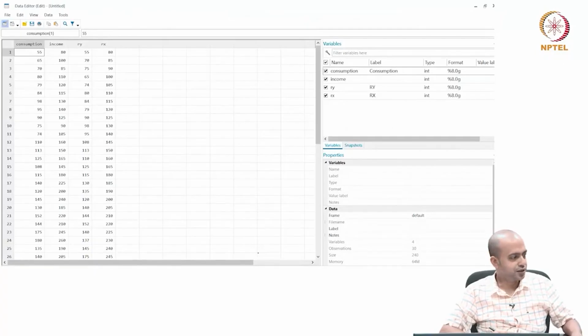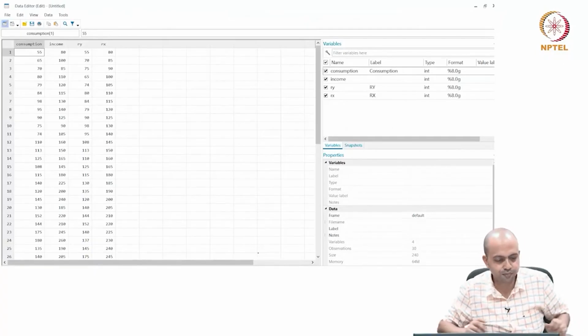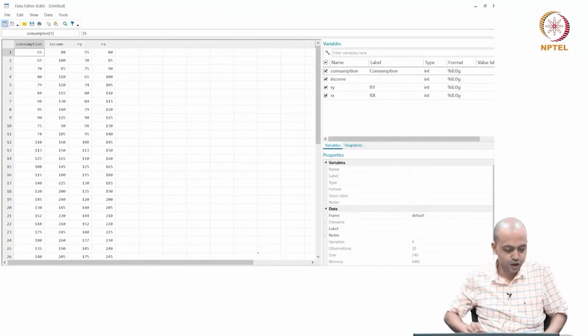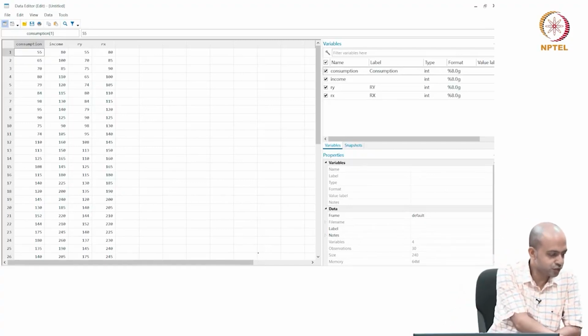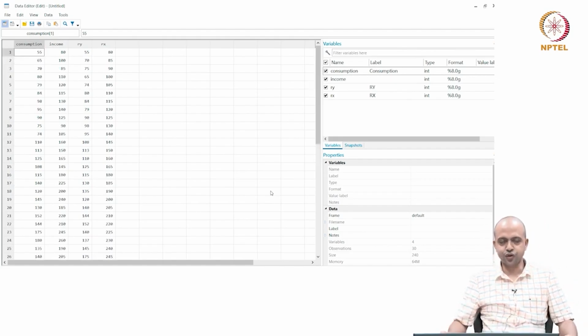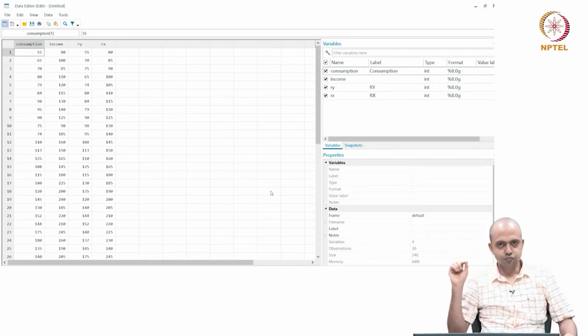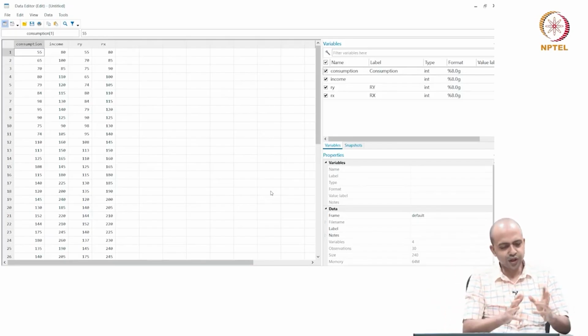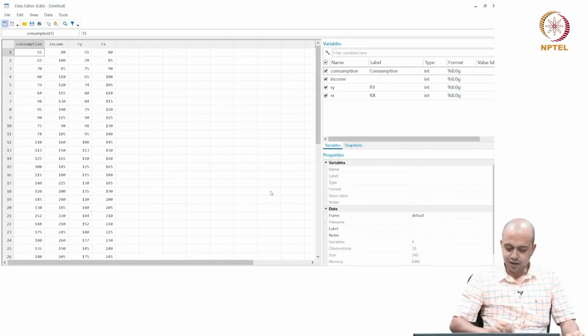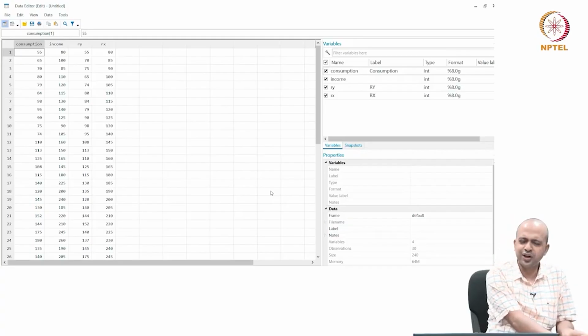If you look at, we have data on income and consumption. How many observations do we have? We have a total of 30 observations. And if n equals 30, then we will first estimate the model and get some initial impression using the graphical measure.